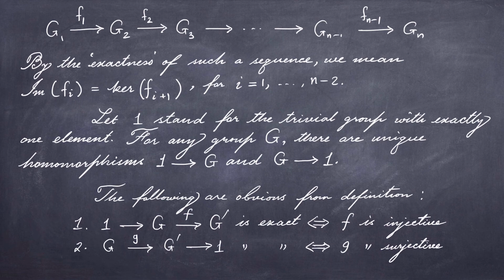Now we let 1 stand for the trivial group with exactly one element. It is customary to denote the trivial group by this. Don't be confused: this 1 is not the usual number 1.